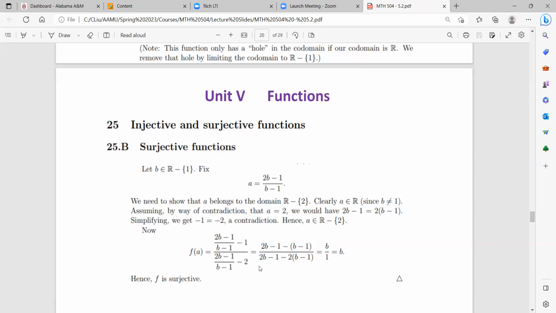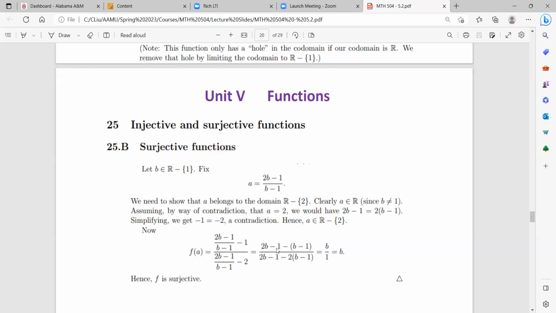At the bottom, you just cancel b minus 1 with b minus 1, I get 2b minus 1 in the first term, and then minus 2 times b minus 1 if you distribute b minus 1. And so you did on the top. Okay, and then you just simplify the top and the bottom separately. So the negative sign becomes positive when you distribute it to -1.